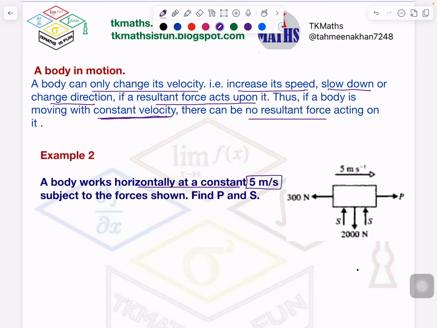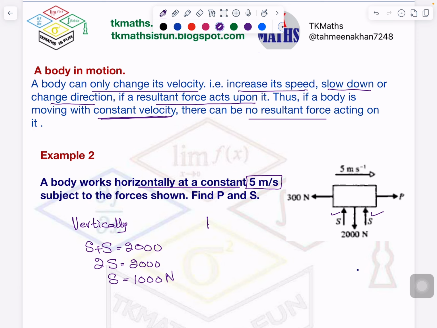In that case, if I have to find the forces vertically and horizontally, I can say vertically, just like the previous one, these S and this S are acting upward, whereas 2000 is acting downward. So what will you do? Tell me. Yes, you're right. S plus S is equal to 2000, which is 2S equals 2000. It means S is equal to 1000 Newton.